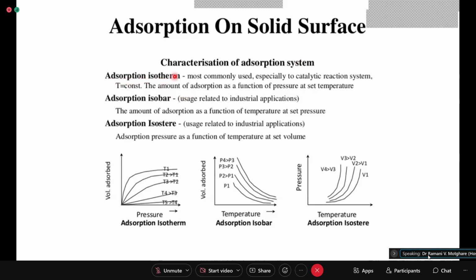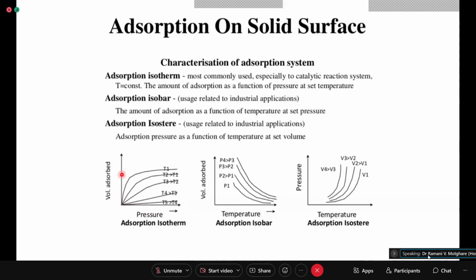So what is the amount adsorbed at constant temperature? In an isotherm, the system temperature is kept constant. Whatever you study regarding amount adsorbed versus the equilibrium concentration or equilibrium pressure. Now, this is your abscissa and this is your ordinate.